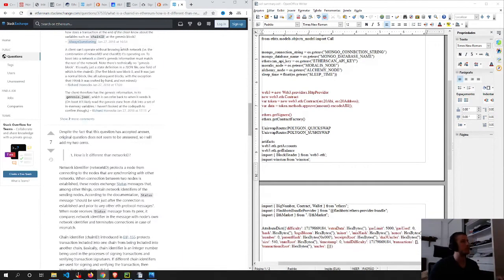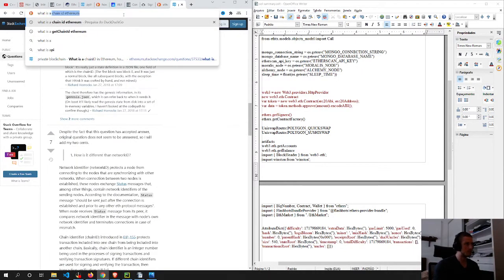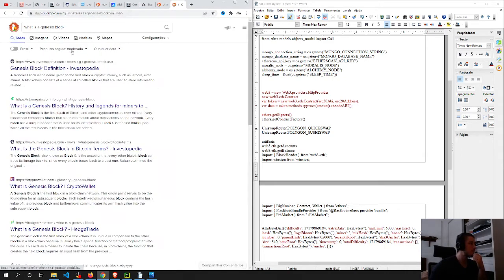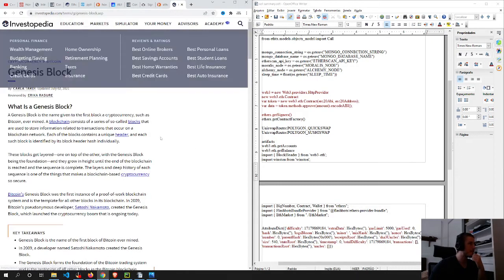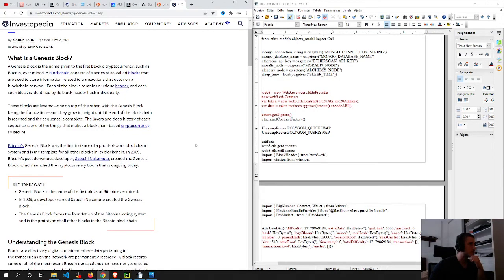So this brings me another question that I don't really understand that well. Genesis block. Genesis block is the name given to the first block a cryptocurrency such as Bitcoin ever mined. The blockchain consists of a series of so-called blocks.